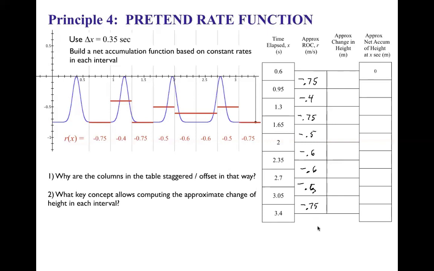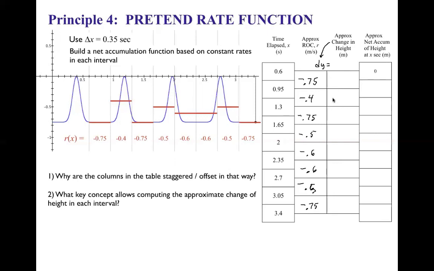Okay, well now we have constant rate of change, right? Now we have constant rate, so we know what the approximate change in height is in each interval. How will we get the approximate change in height in that first interval from 0.6 to 0.95? What will we do? So the approximate change in height is dy. How do we calculate dy?